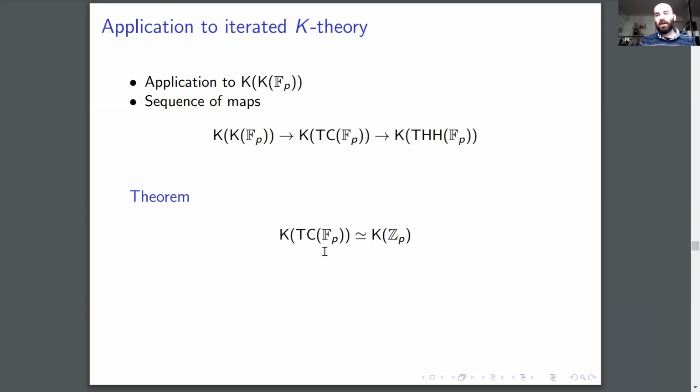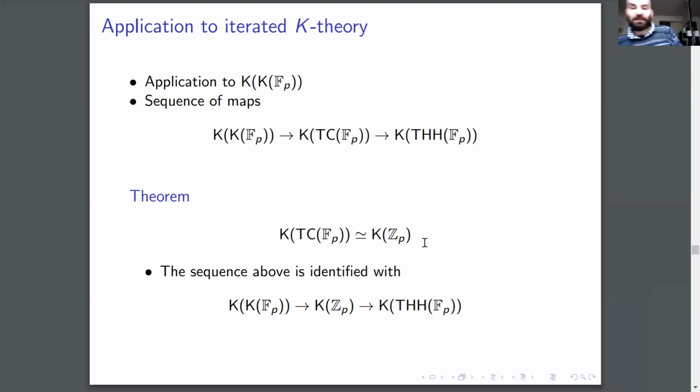Okay, and then it follows from results of other people like Antieau, Heller, Gepner, and Akhil Mathew that this K-theory is the same as the K-theory of the base ring, here the p-adic integers. So we identify that fiber sequence basically.